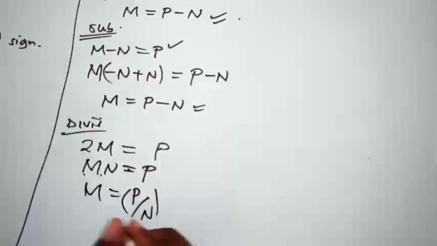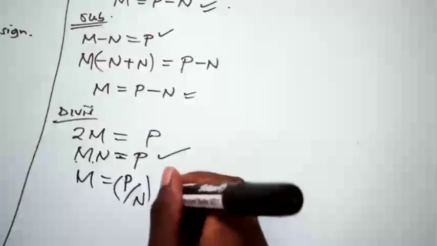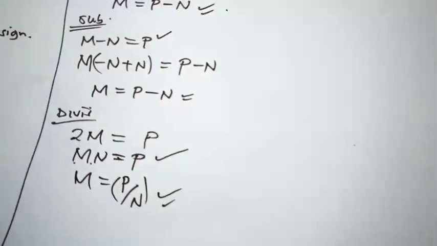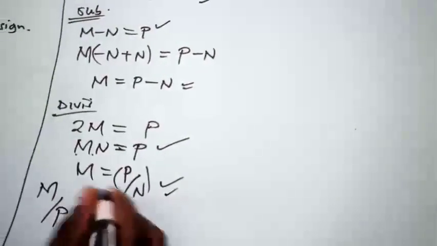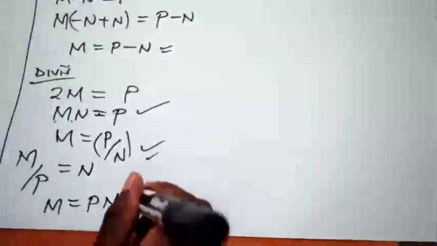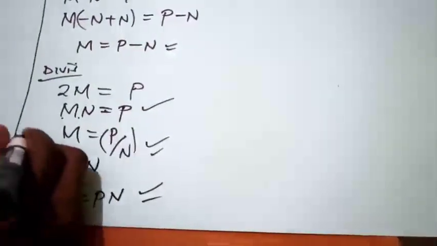So we are dividing. So this equation can be expressed in this way. When you're talking about the multiplication rule, we are talking about m over n equals p. So m can be expressed as pn. So that is the multiplication rule.